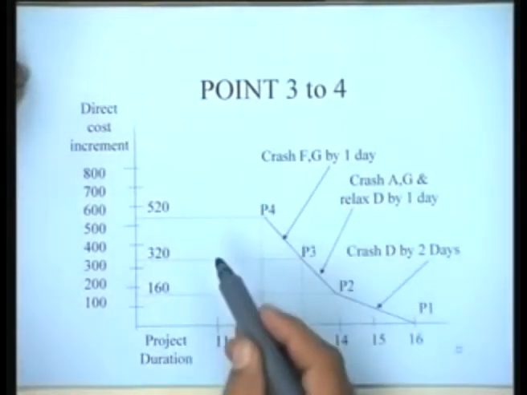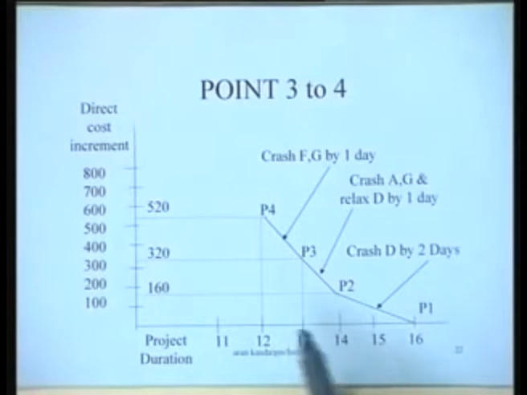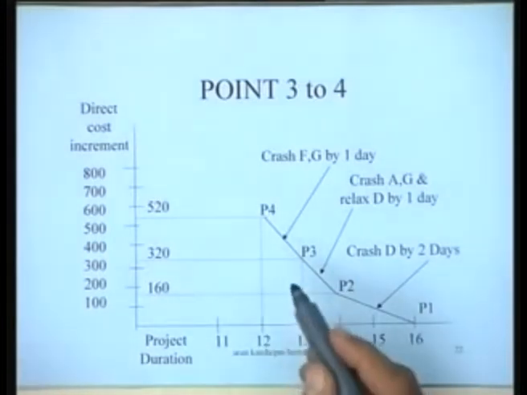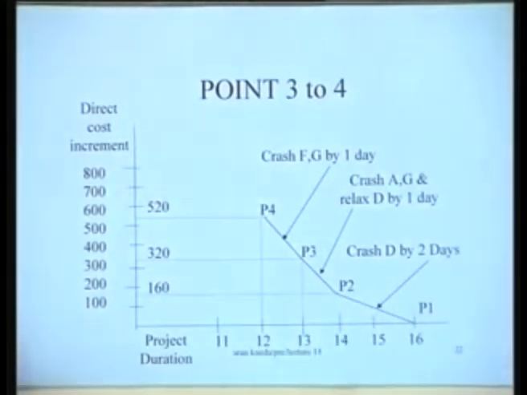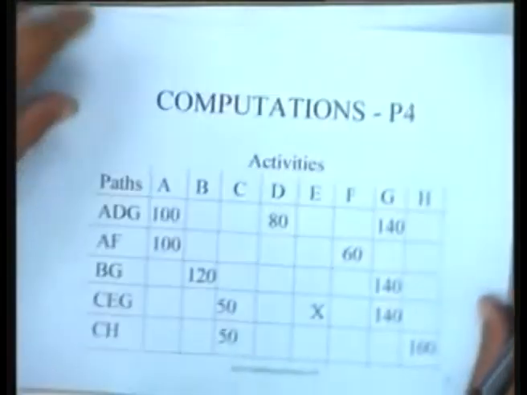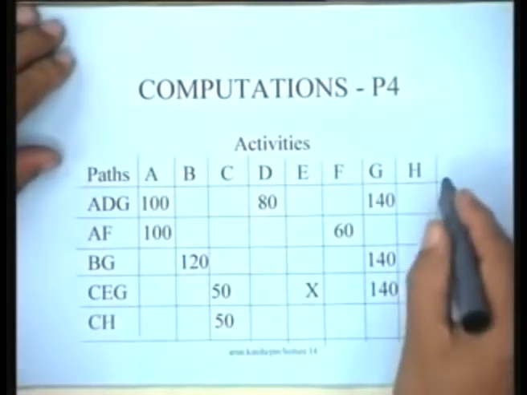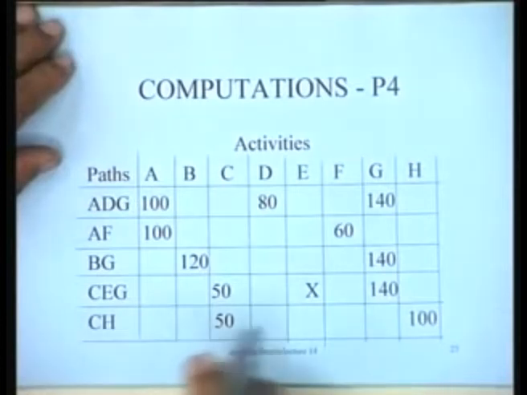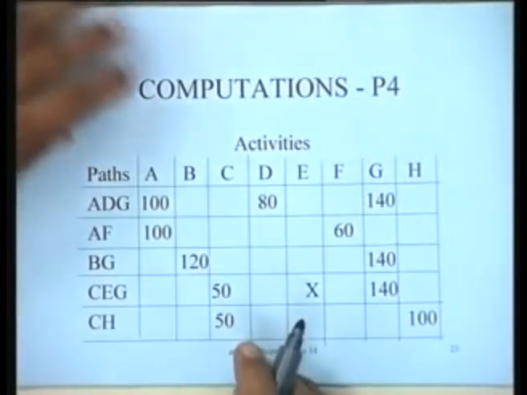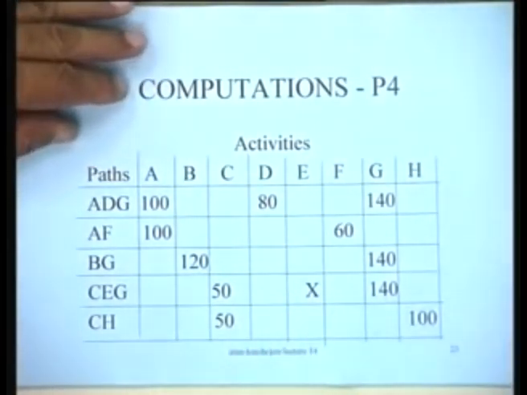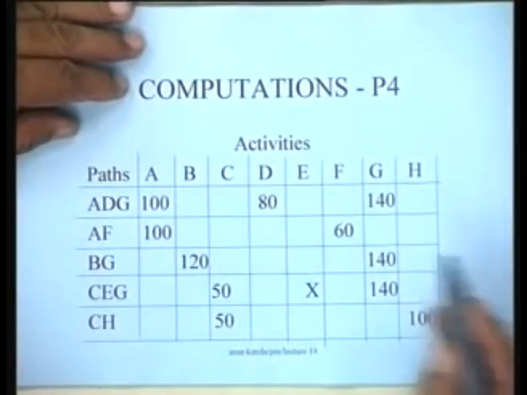Okay. So this is the manner in which we have moved. So let us now try to see what would happen further. When we reach point 4, the first thing we have to do is update the status at point 4. You see, what we had done was we had crashed F and G by 1 day.